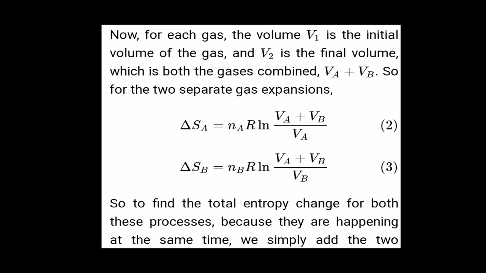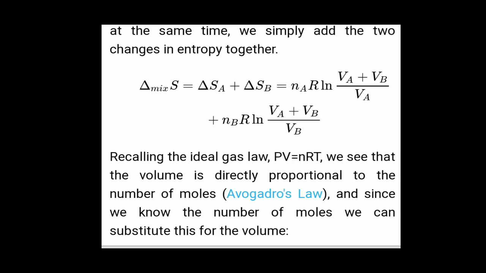To find the total entropy change for both these processes, because they are happening at the same time, we simply add the two changes in entropy together. Delta S mixture is equal to delta SA plus delta SB is equal to Na R log Va plus Vb by Va plus Nb R log Va plus Vb by Vb.